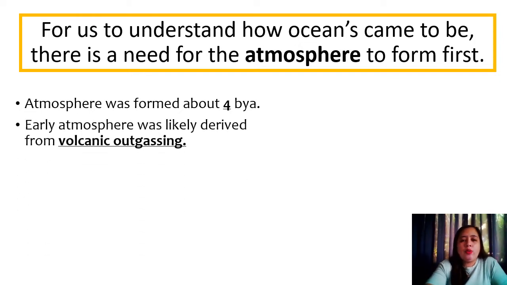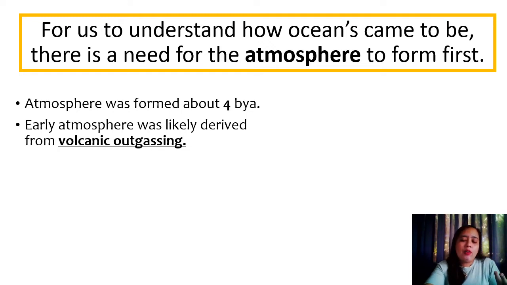Early atmosphere was likely derived from volcanic outgassing. This is why I emphasized earlier the iron catastrophe, the radioactive decay, the continuous volcanic activity, because I want to emphasize that volcanic activity resulted in much volcanic outgases.